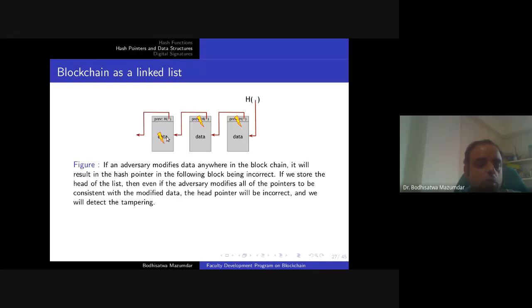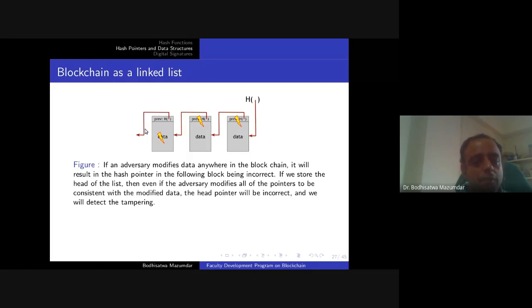For a malicious user, if he changes this data, he needs to change its corresponding hash as well, so as to escape detection. Whenever he changes this hash, it changes the hash of this entire record, which is being stored in the previous block.